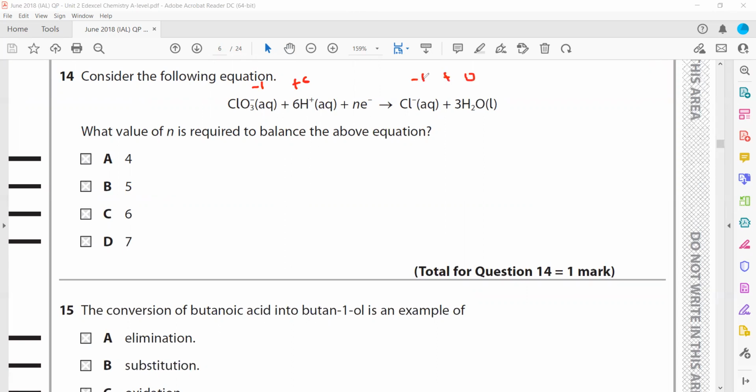So we want the total charge to be -1. Right now, -1 plus 6 is +5. We want -1, so if I add 6 electrons, the net charge will be -1. So the number of electrons according to this equation should be 6.